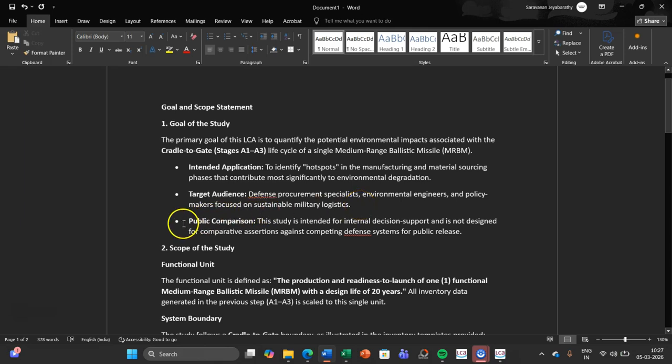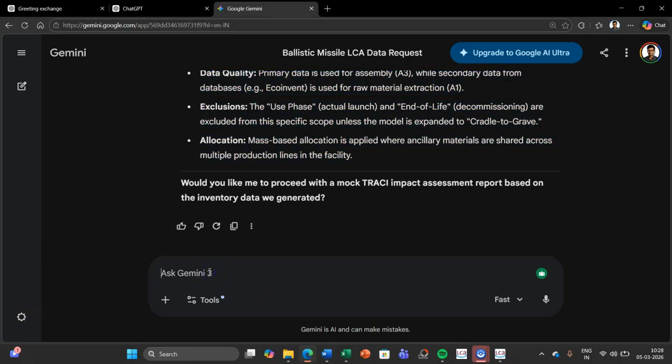Public comparison. The study is intended for internal decision support and is not designed for comparative assertions against competing defensive systems for public release. Actually, this is not the actual purpose. Let us tell this: I am going to make a video of this study and put it on YouTube.